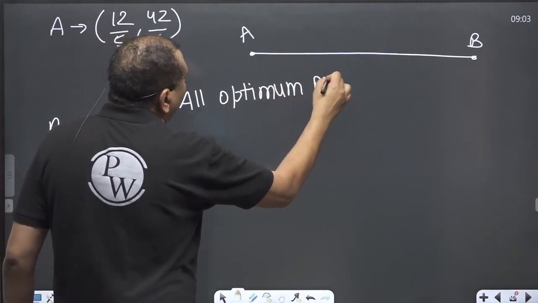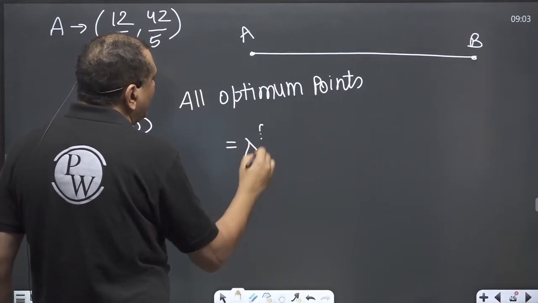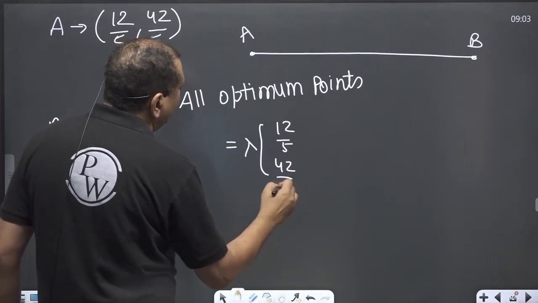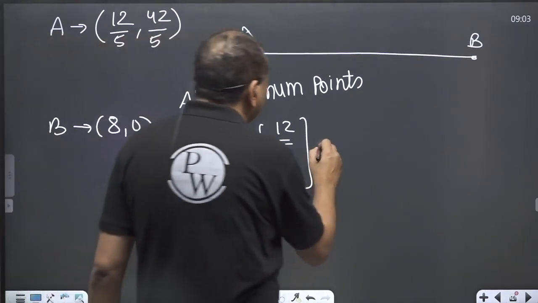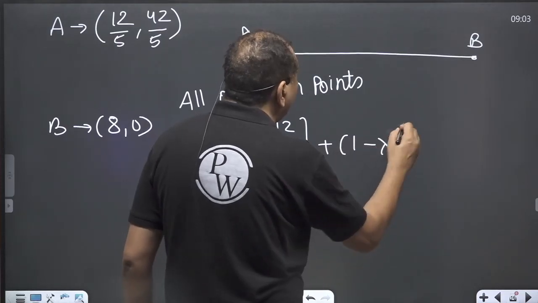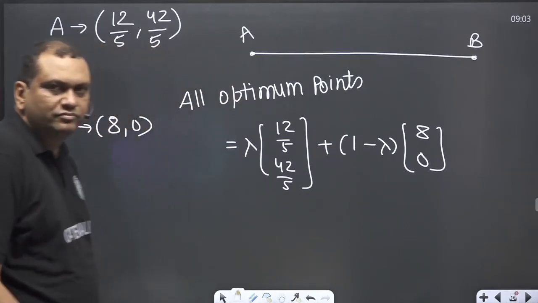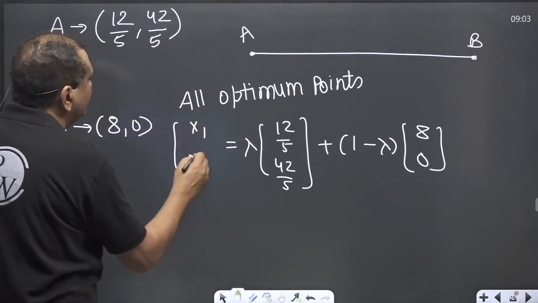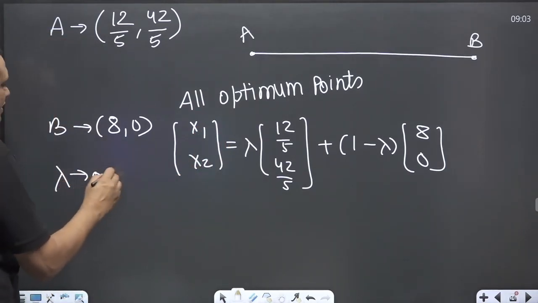We take lambda times point A, 12 by 5, 42 by 5, plus 1 minus lambda times point B, which is 8, 0. You can say x1, x2. Lambda varies between 0 and 1.